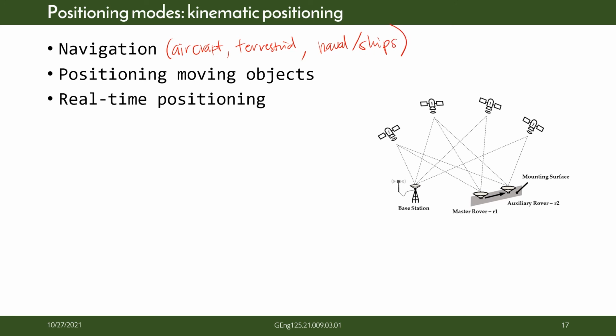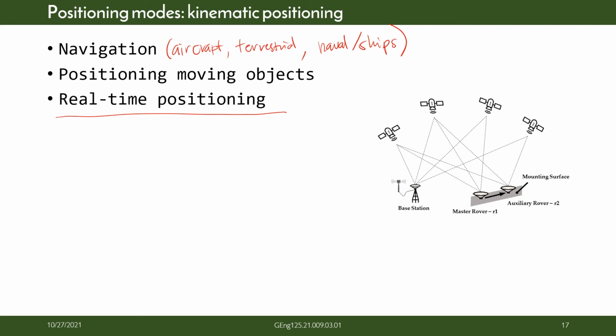So they are used mainly in aircraft, terrestrial and naval ships, but also in surveying. This kind of positioning is positioning of moving objects. It is real-time positioning, meaning at that instant you will know your position.